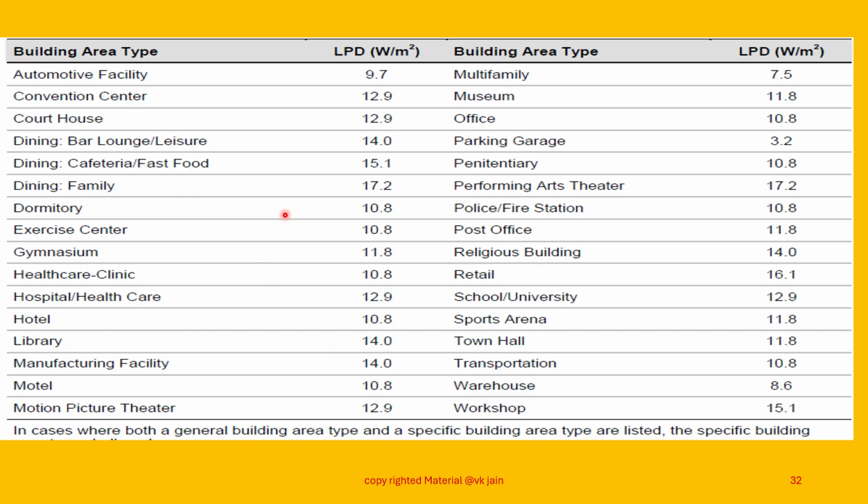This provides the lighting power density from an energy efficiency point of view, and you can see the dining and family areas. These areas require: dining cafeteria fast food 15.1 and dining family room 17.2.